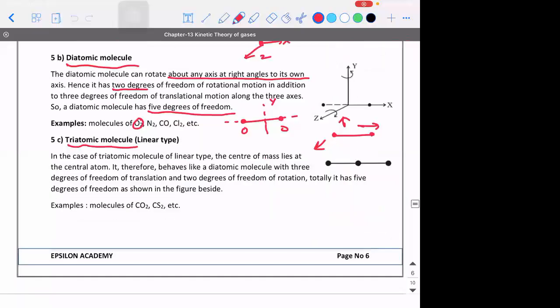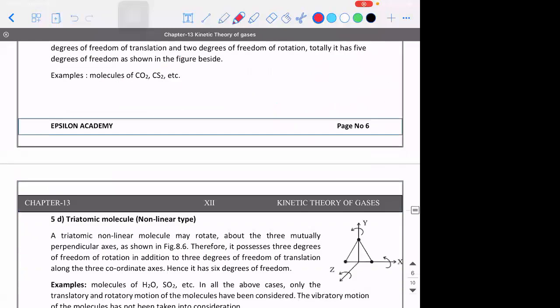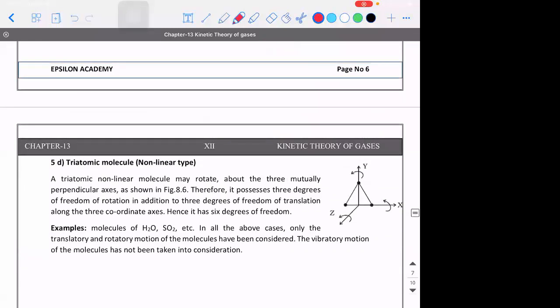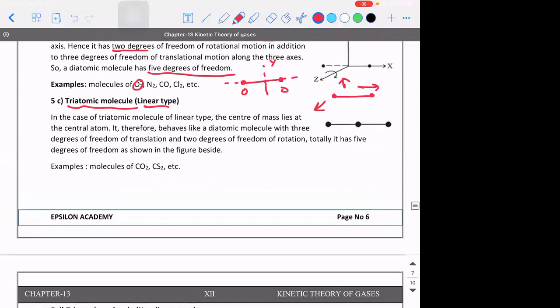Similarly, we can think of a triatomic molecule also. So a triatomic molecule of linear type. And you can think of a non-linear type like ammonia and all those things, or water. So for a triatomic molecule, you can take carbon dioxide or CS2.